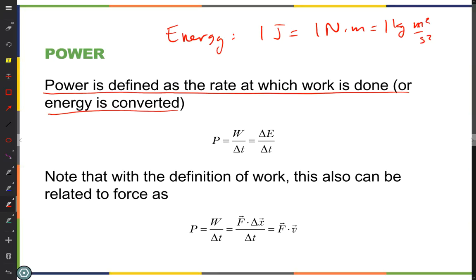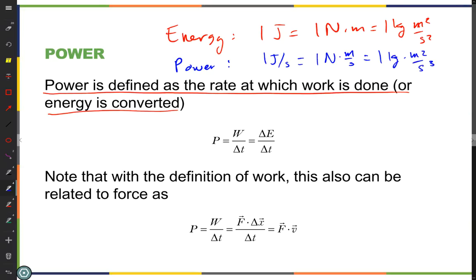Now for power, we divide that by time. So that's going to be 1 joule per second, or 1 Newton times a meter per second, or 1 kilogram times a meter squared per second cubed.